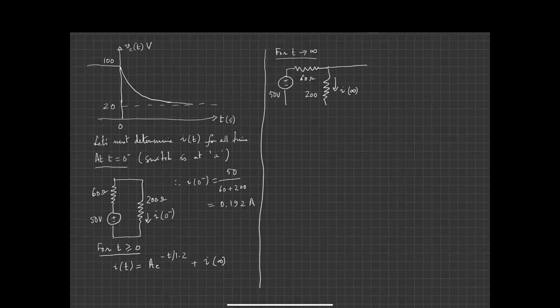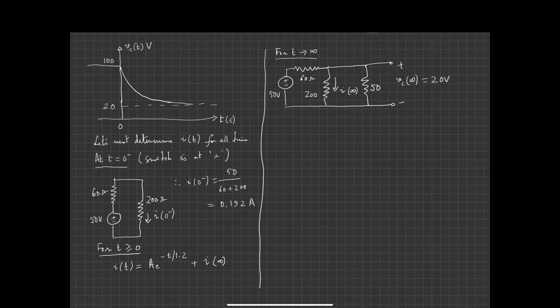But then if you look back, you'll see there was another 50 ohm resistor here, right? And of course, since this is a DC circuit, the capacitor is an open circuit, and this was VC at infinity. If you recall, we already determined VC of infinity was 20 volts.